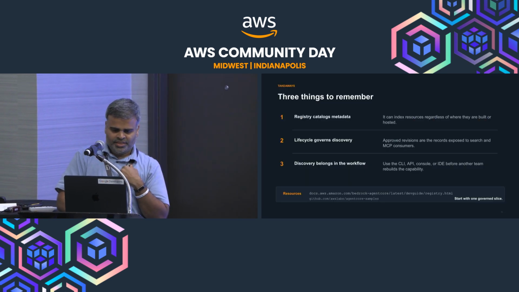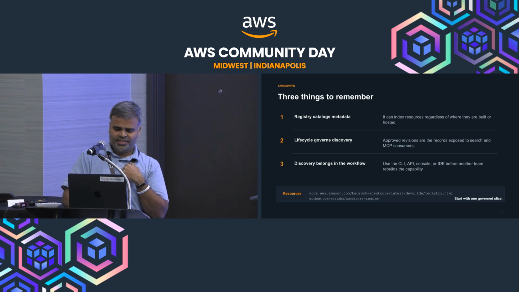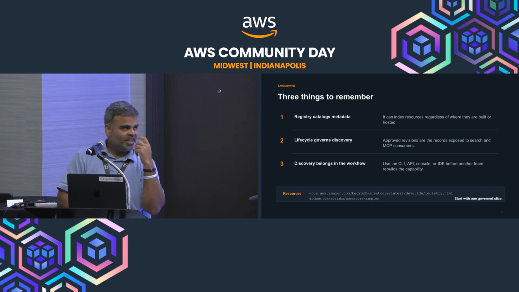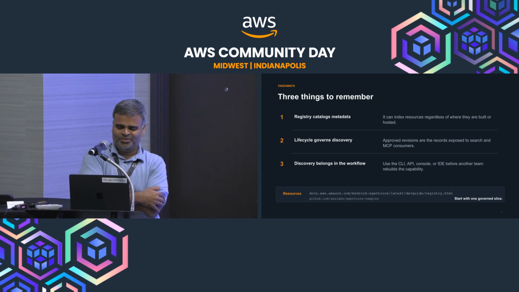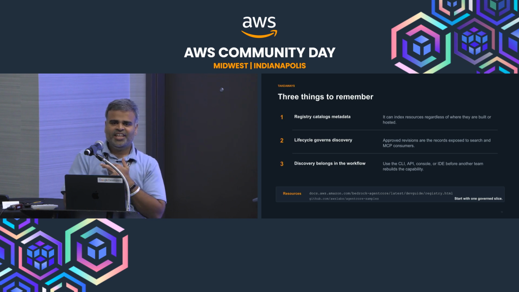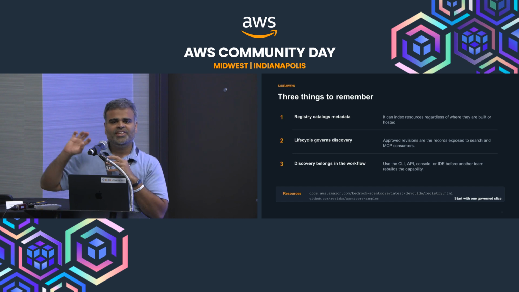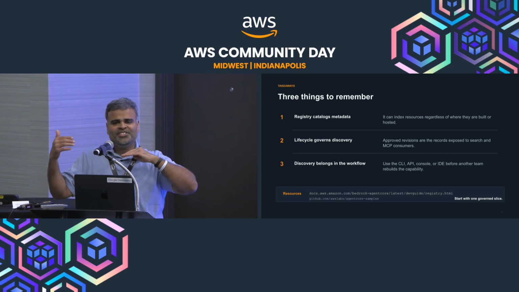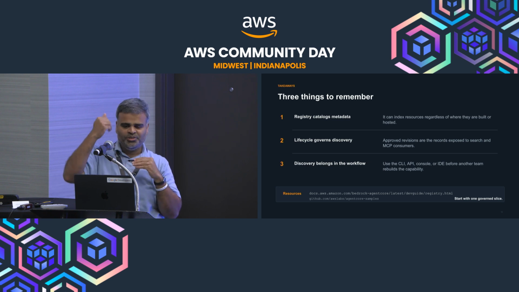So that was the overview, and let's quickly recap the 3 things we learned about, or what you should be walking out with from this session. The registry is a catalog of metadata. It has nothing to do with the resource itself, right? It's like an app store, if you will, of all the agentic resources that were approved for use.